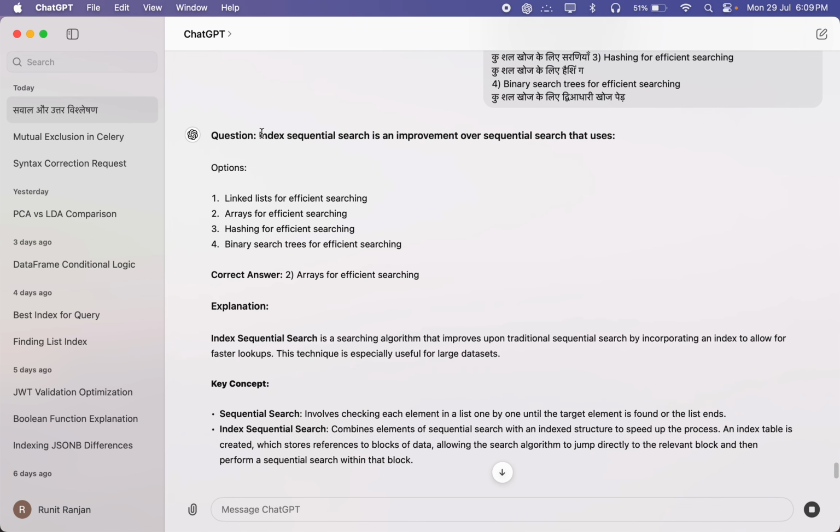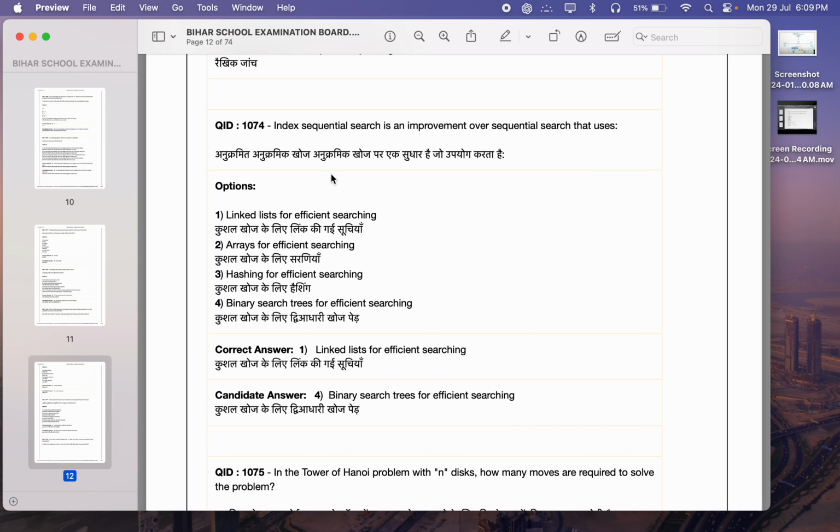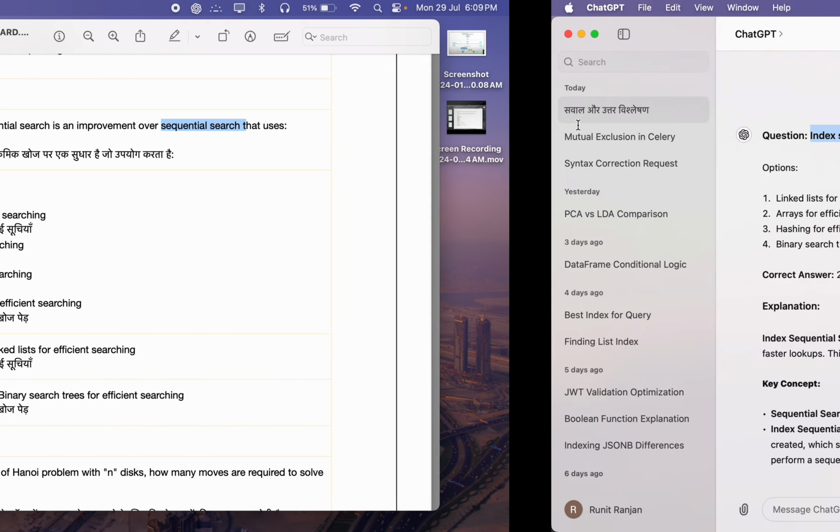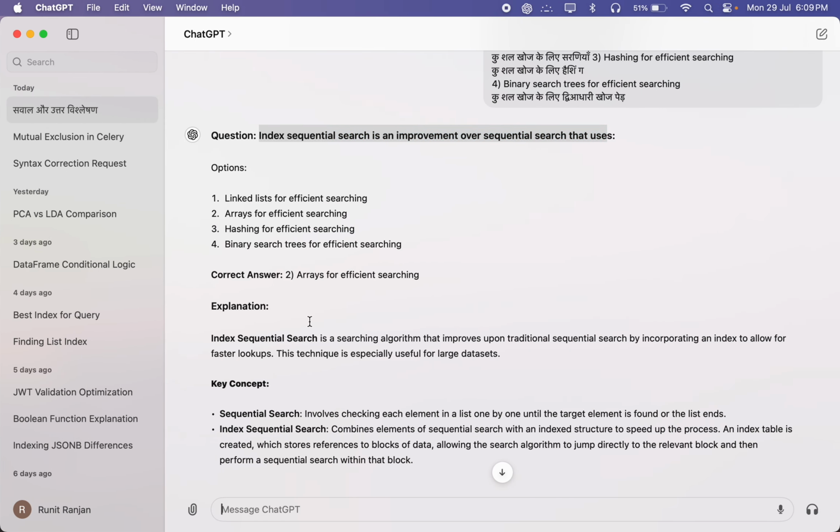It's not written in a good way. Let's see what's written in Hindi. In Hindi also it's not very clear. I think they want the sequential search. Again, we can still use sequential search in index.